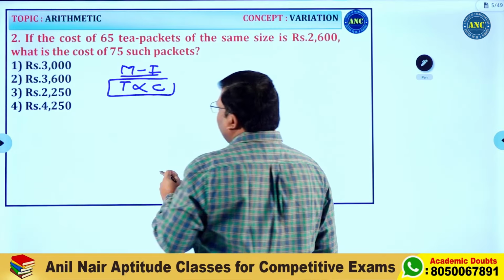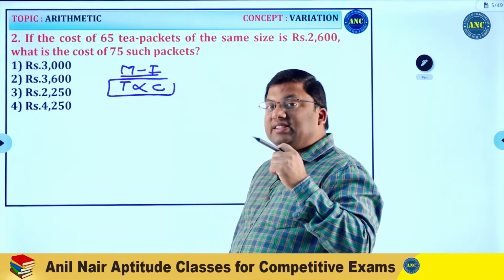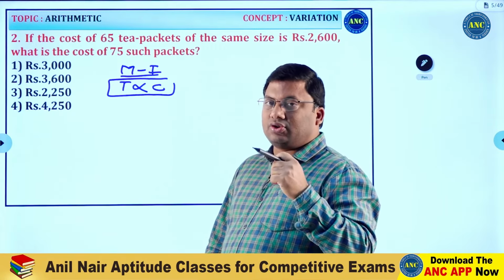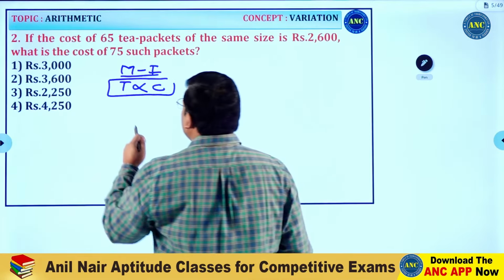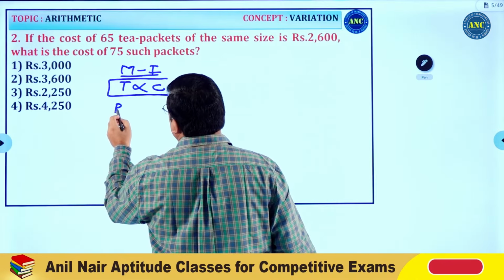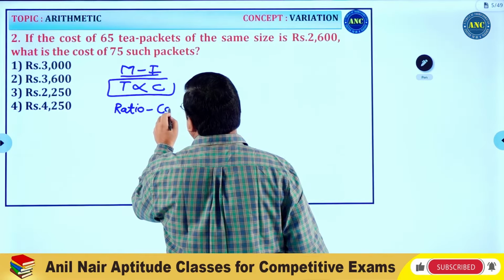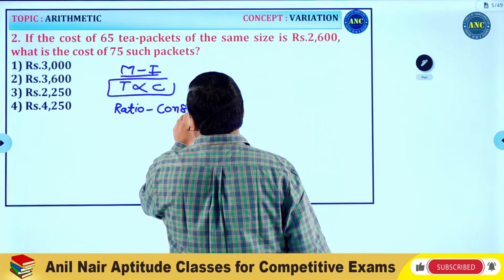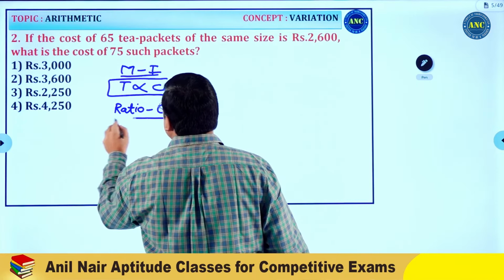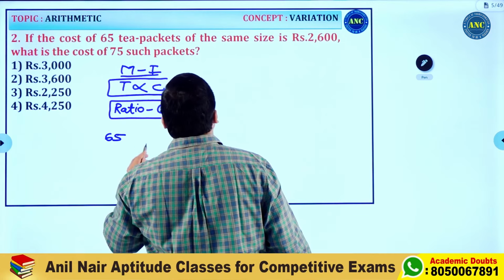If the size of the tea packet is more, then the cost also will be more. Then what is constant? Ratio is constant. So, how many tea packets are there? 65.